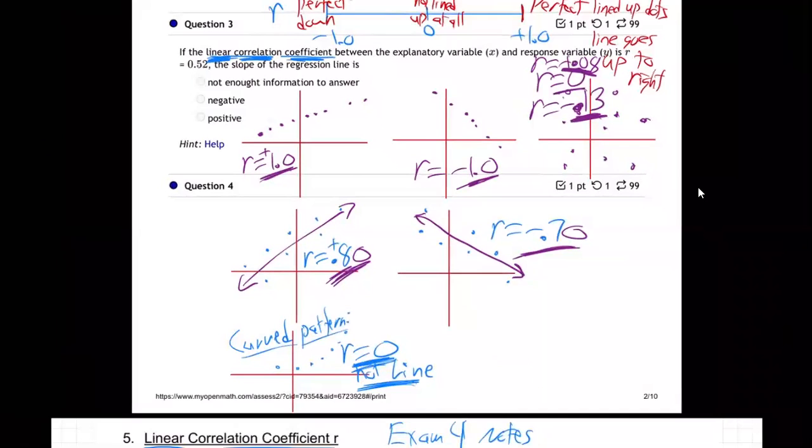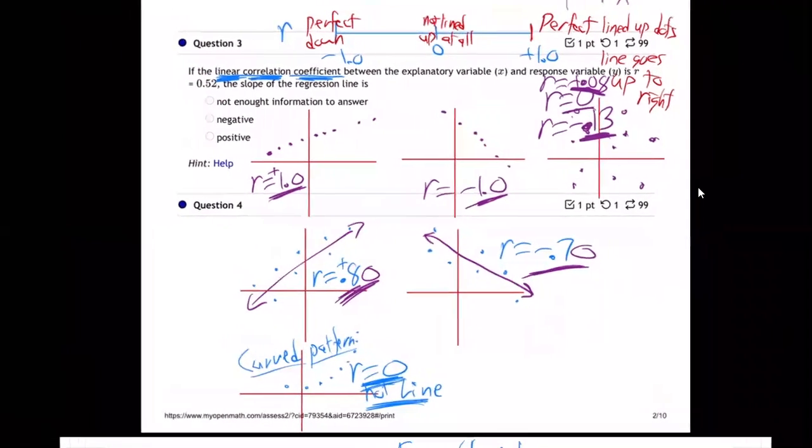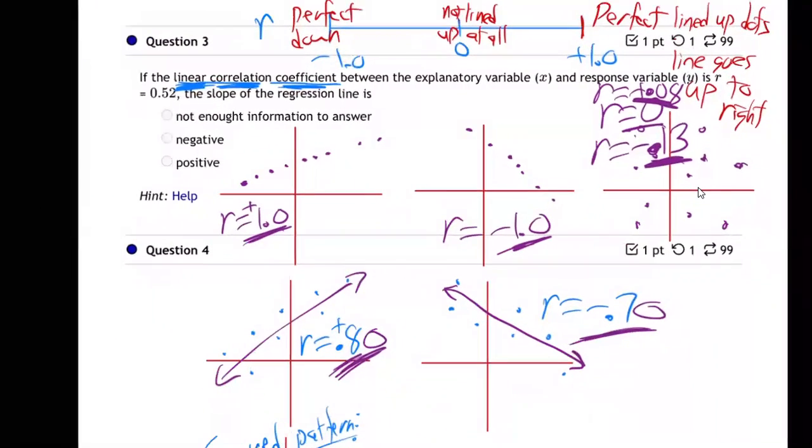Okay, so question is, what if you get 0.52? Here's back to this actual question number 3. What if we did some kind of study and the R came out to be 0.52? That's what they're saying. R equals 0.5. What does that tell you? The slope of the regression line.